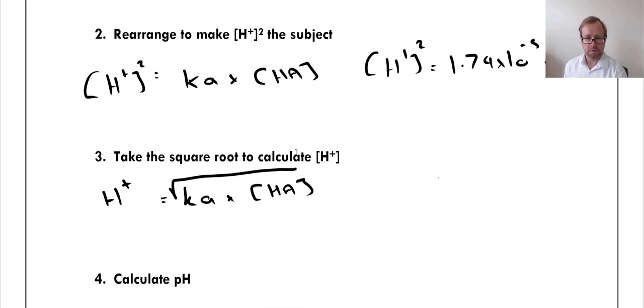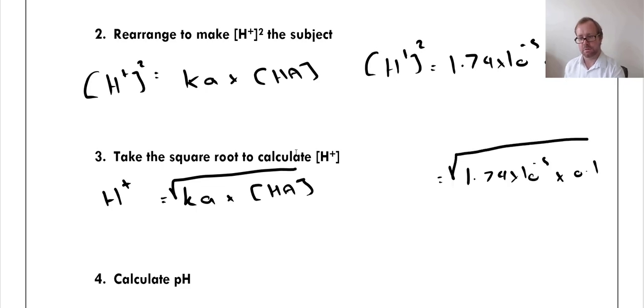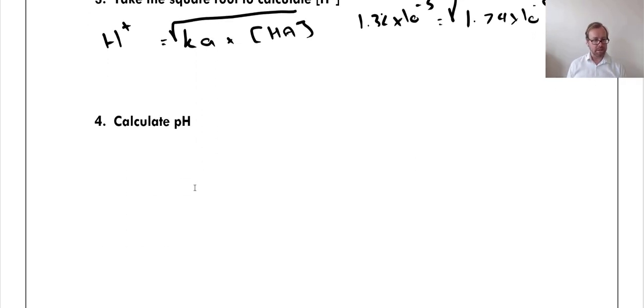So it equals the square root of 1.74 times 10 to the minus 5 times 0.1, which gives me a value of 1.32 times 10 to the minus 3. Okay, I can then calculate my pH.